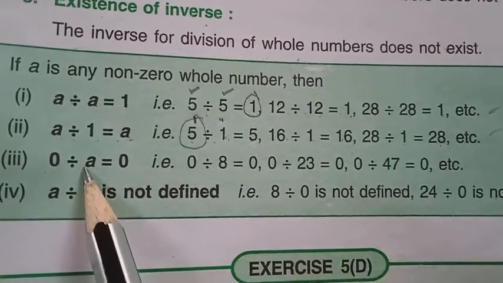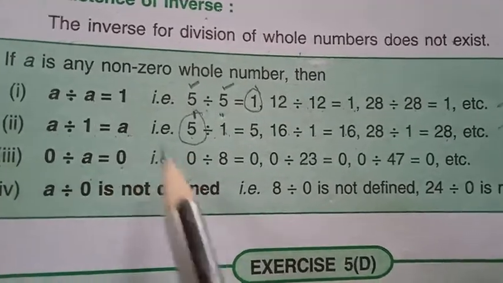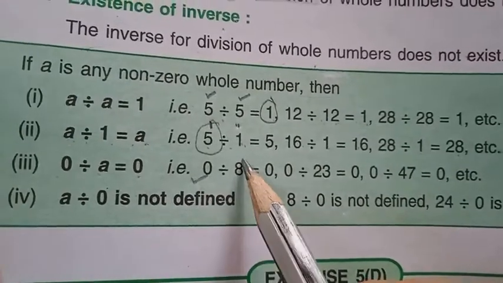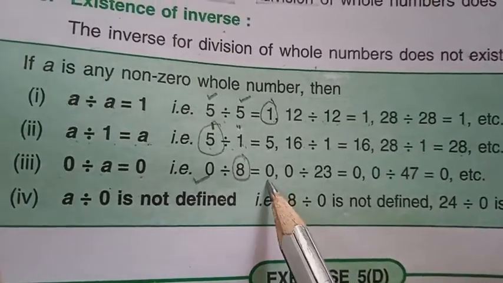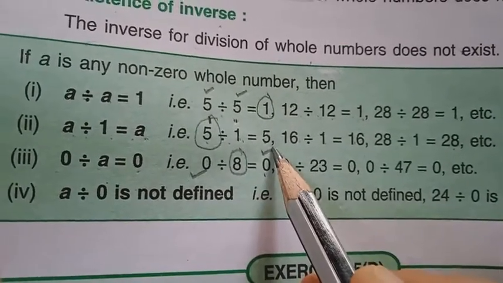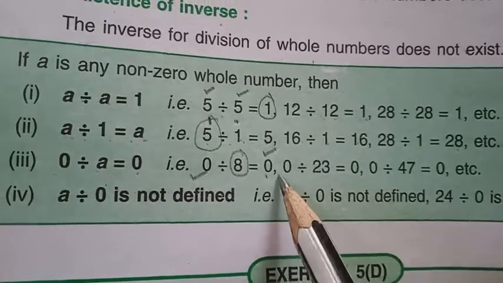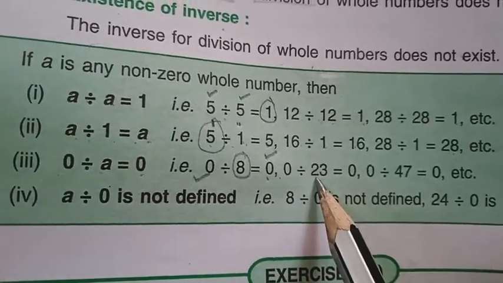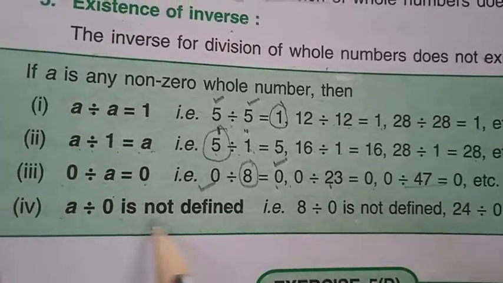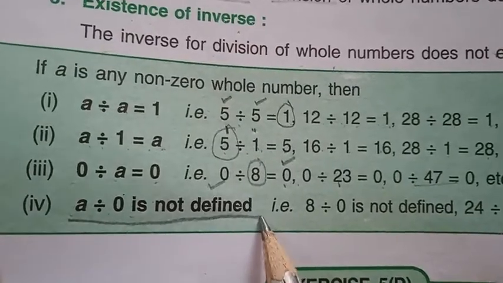0 divided by a is equal to 0. I have 0 things and I want to divide them among 8 students. What will each student get? Each student will get 0. So 0 divided by any number gives 0. Remember this. Then a divided by 0 is not defined.